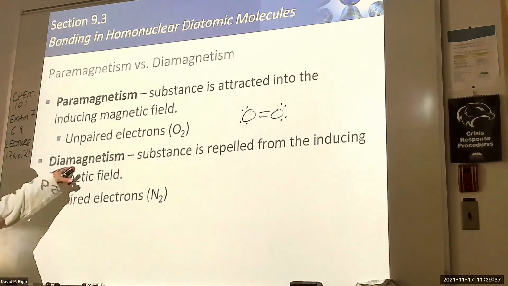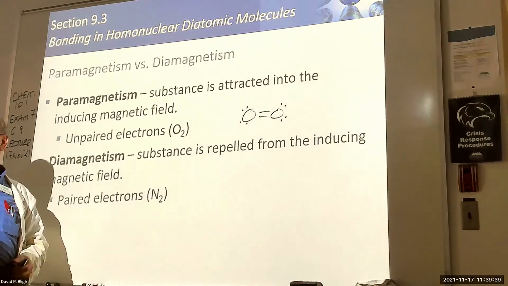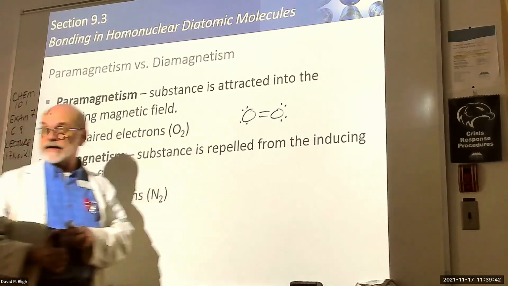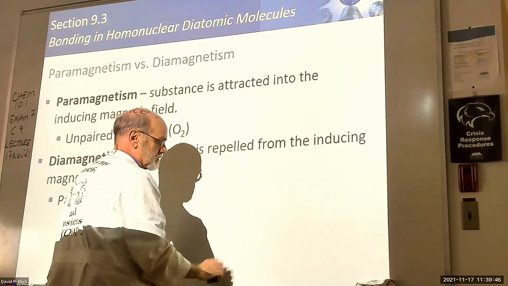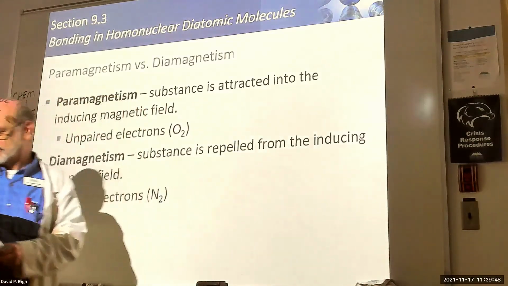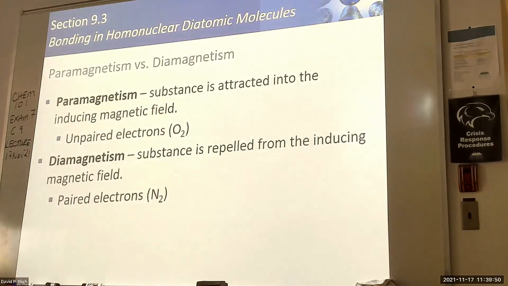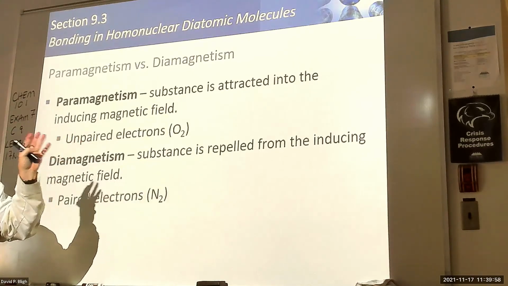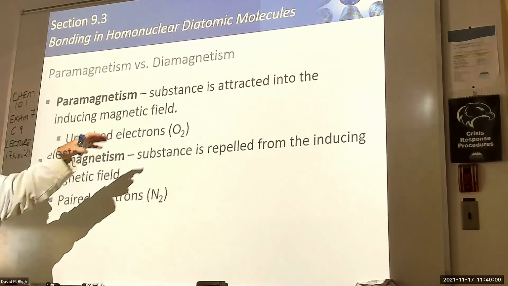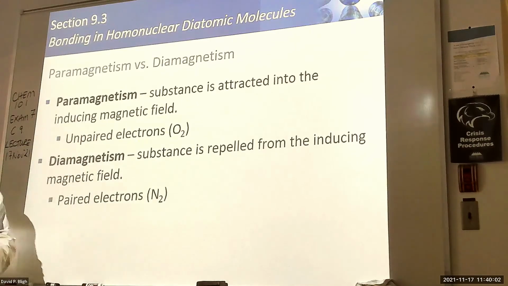And we would expect diamagnetism out of that. But that's not what we get. We get paramagnetism. So that's another reason for wanting to advance to a different theory, because the localized electron model and the valence shell model do not predict paramagnetism of oxygen.